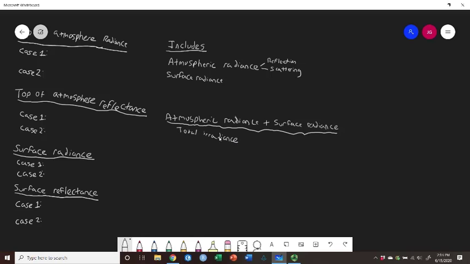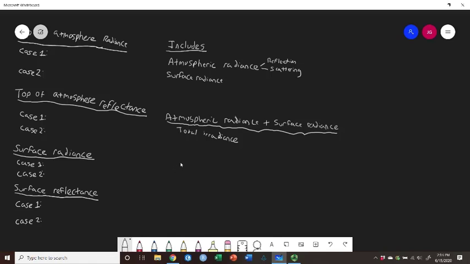Right, and this total irradiance is the total incoming radiation. So that's top of atmosphere reflectance. It's the top of atmosphere radiance, which is the atmosphere and the surface, and then the total irradiance. Okay, so hopefully that makes sense.